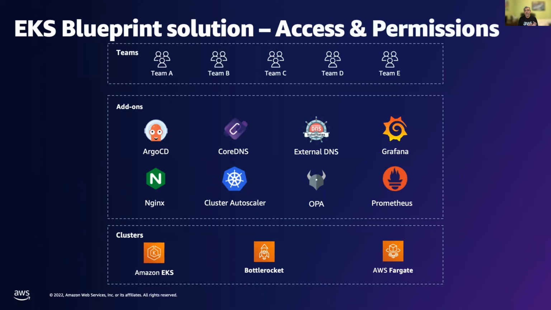And then finally, you have your blueprints, which includes cluster access and permissions management for users, roles, or groups. This is being abstracted to the user in the form of a construct, what we call a team. So team is designed to provide a set of isolation boundaries between applications deployed in the cluster. And if you want to allow multiple teams to run workloads in the same cluster, EKS Blueprints provides an approach for enabling soft multi-tenancy.